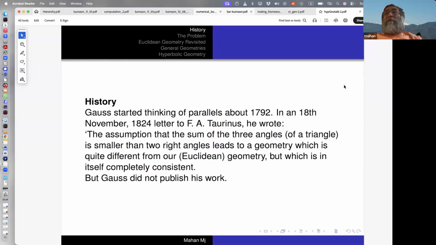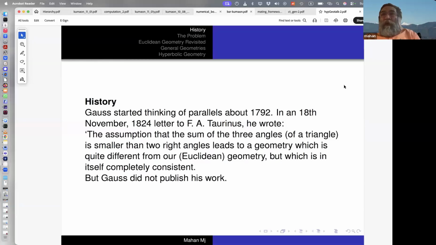You replace the parallel postulate by a strict negation, sum of the angles is strictly less than 180 degrees. Then also you get a consistent system of geometry. Let's put it positively first: both the axiom and its negation are individually consistent with the remaining axioms of Euclidean geometry.